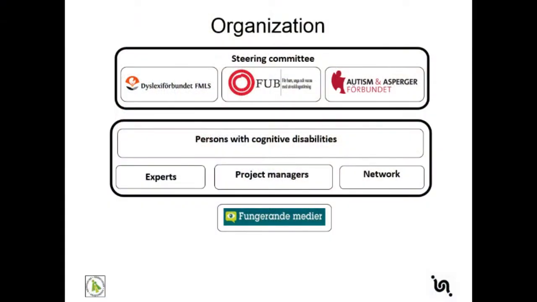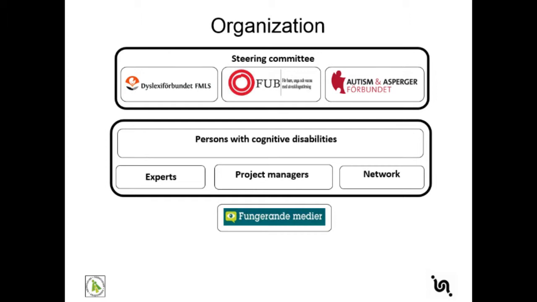And in order to do that, we have this project organized like the slide shows. The project consists of 3 organizations: the Dyslexia Association, the Swedish National Association for Persons with Intellectual Disabilities, and the Autism and Asperger Association.